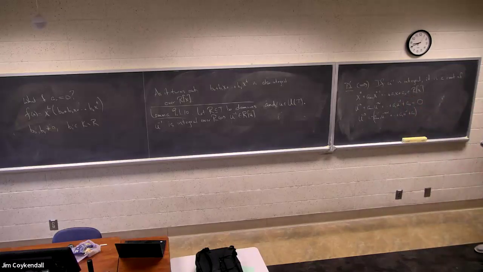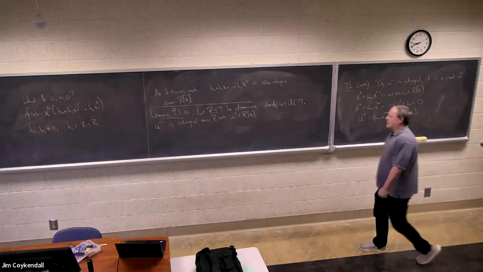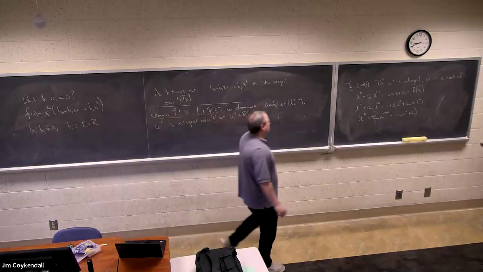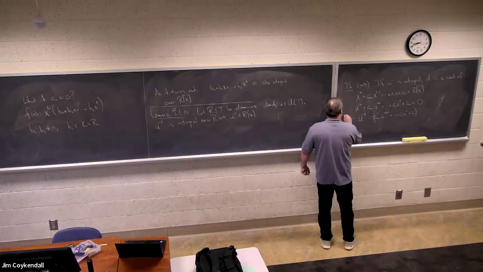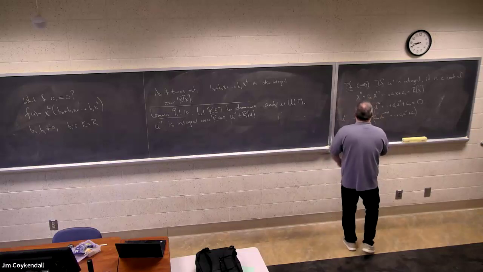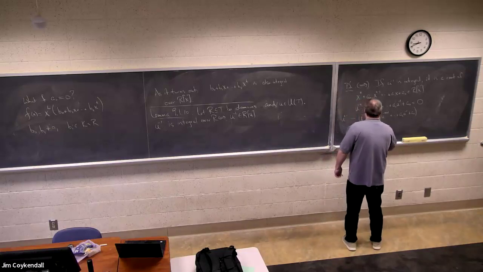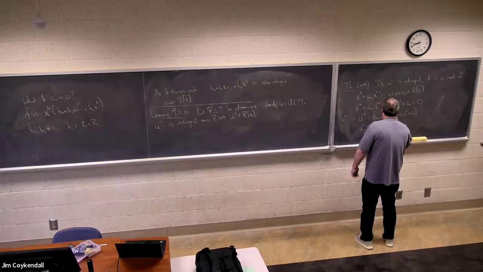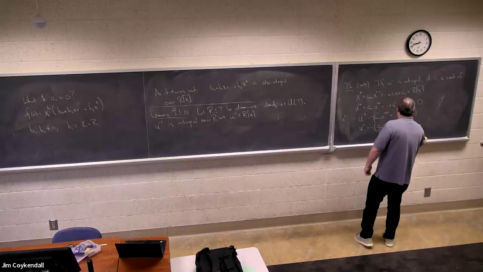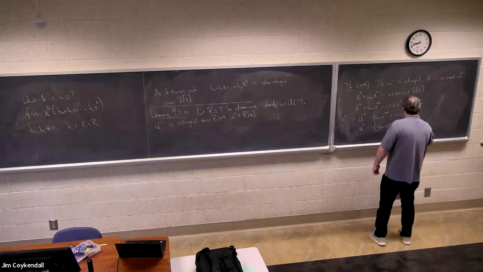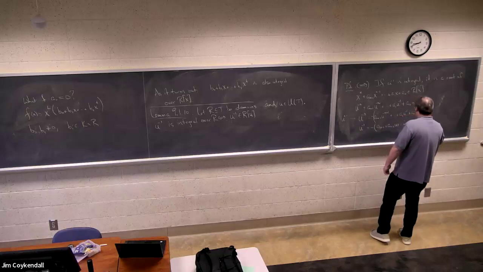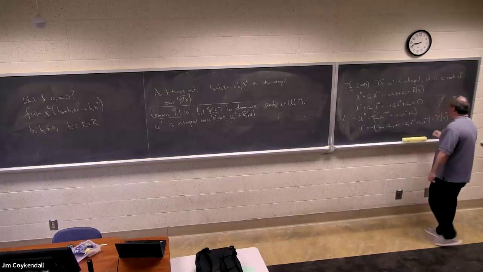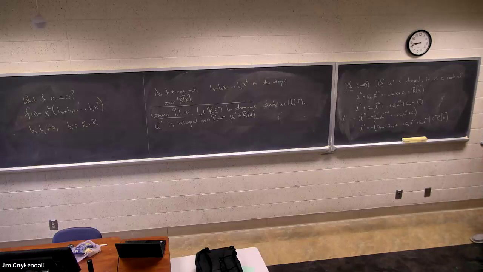Now multiply both sides by u to the n minus one power. There you go: u inverse is contained in R[u].